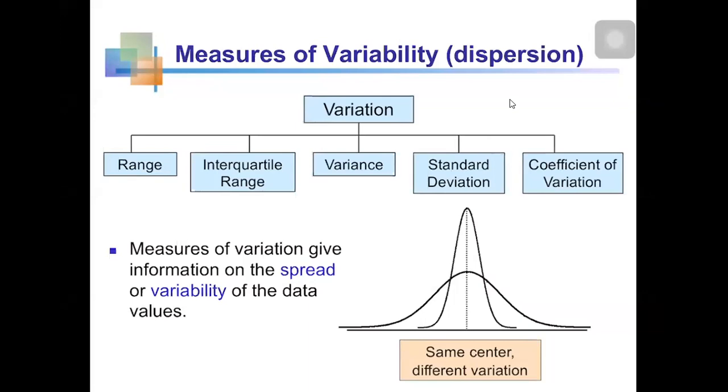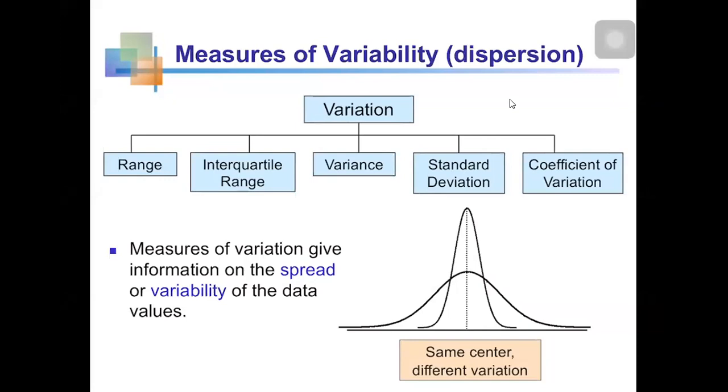Hi everyone. This is a continuation video from our previous lecture, which was about presenting data in a numerical way. In the previous video, we learned about measure of central tendency, or what we call measure of location, and measure of shape.